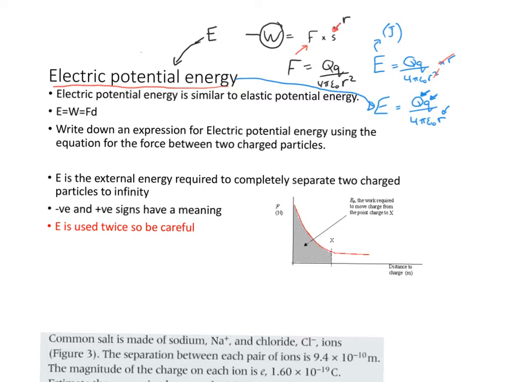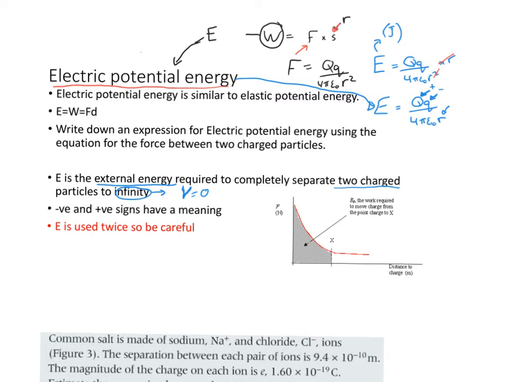So electric potential energy is simply the external energy required to completely separate two charged particles to infinity, because we define that at infinity the electric potential is 0. And I will explain what we mean by that as well when we get closer to it. Since we can have positive and negative charges, the electric potential energy can be negative or positive depending on what charges are involved.